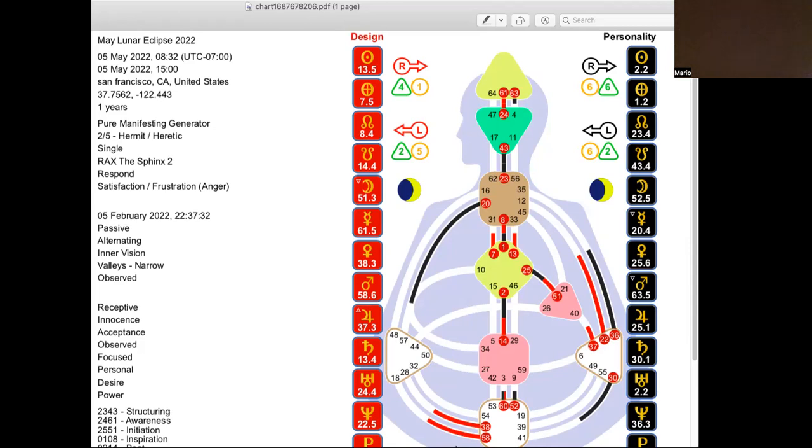Now in astrology, we divide the sky up into 12 signs of the zodiac. In design, we split the sky up into 64 sections. And this relates to two things. Firstly, it relates to the hexagrams of the I Ching, the Chinese Book of Changes, in which there are 64 hexagrams, each one of which contains 6 lines. The second thing it relates to is the human genetic code, with our 64 genetic codons associated with 6 bases.